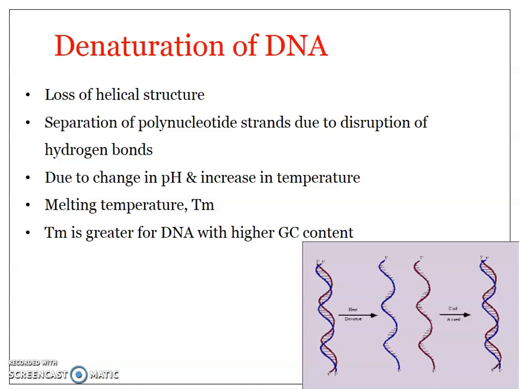Hence GC base pairs are more stable and more strongly bonded. To break those 3 hydrogen bonds, the temperature required is more. So the melting temperature is greater for DNAs with higher GC content.